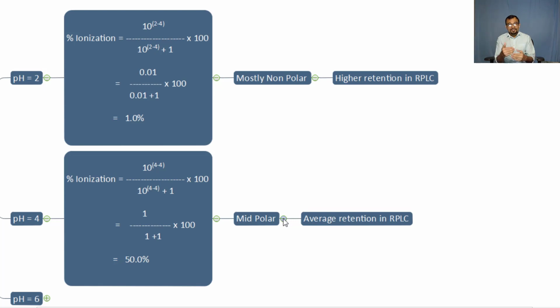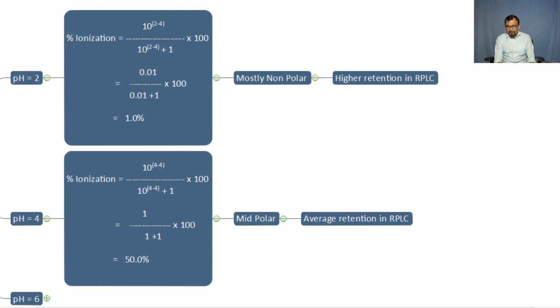And if the compound is unionized, it will be a non-polar version of itself. And if the compound is non-polar, in reverse phase chromatography, it is going to retain for a longer time. So as compared to pH 2, the compound will have a shorter retention time at pH equal to 4.